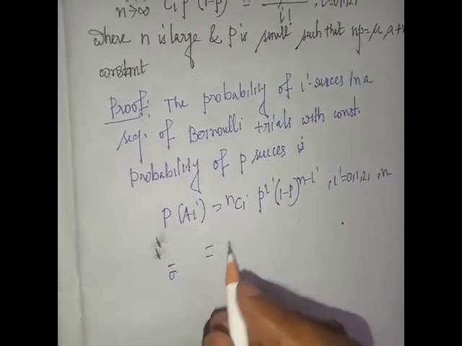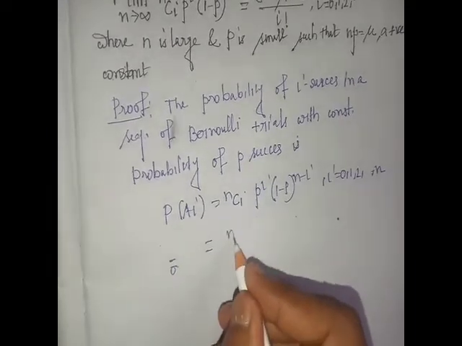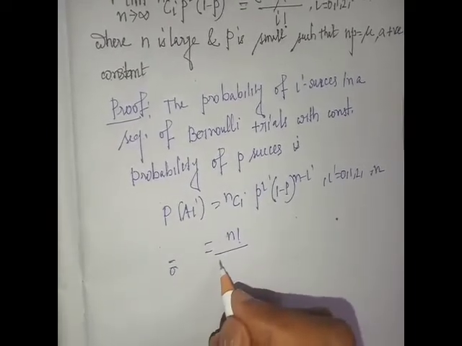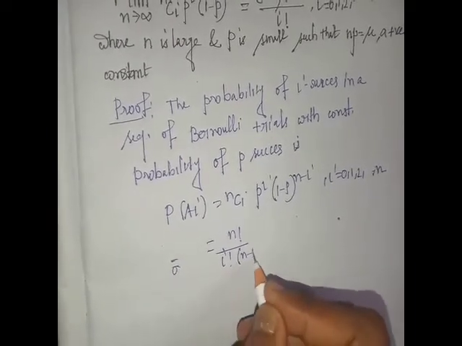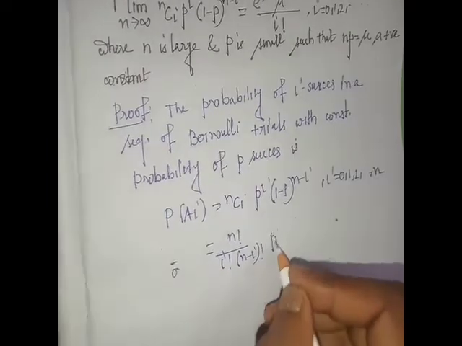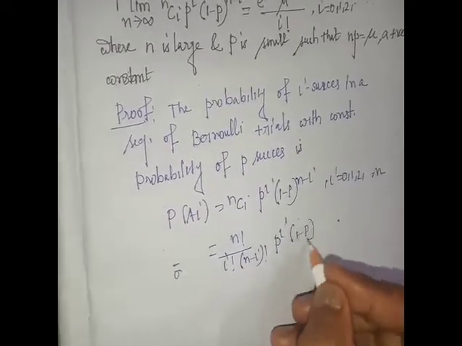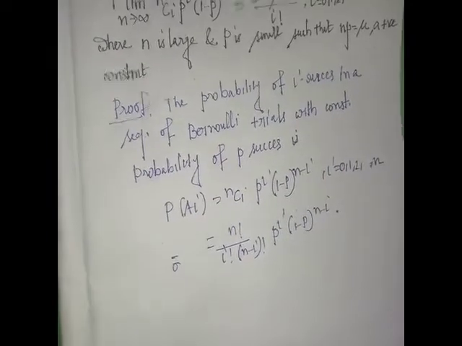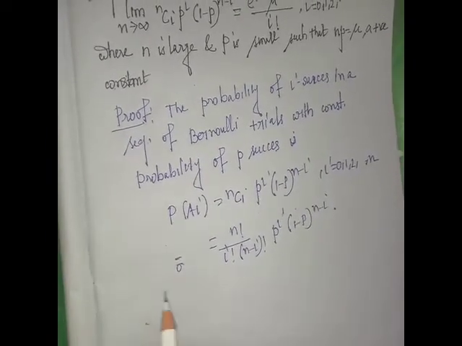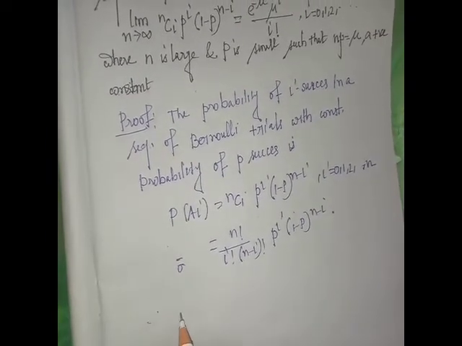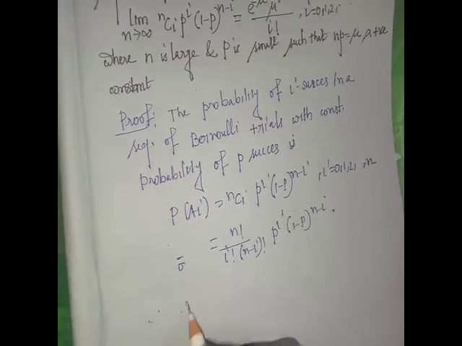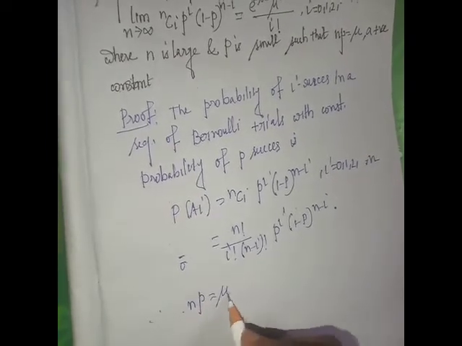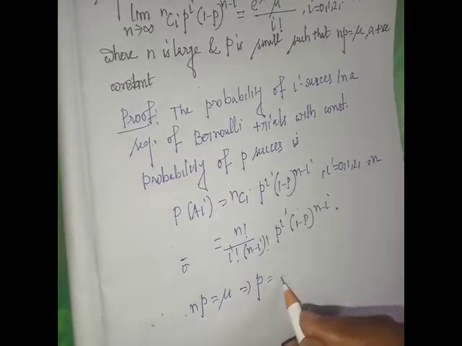We break it down: n factorial by i factorial (n minus i) factorial, p^i (1-p)^(n-i). Given that n is a large number and p is small, such that np equals mu, implies p equals mu by n.